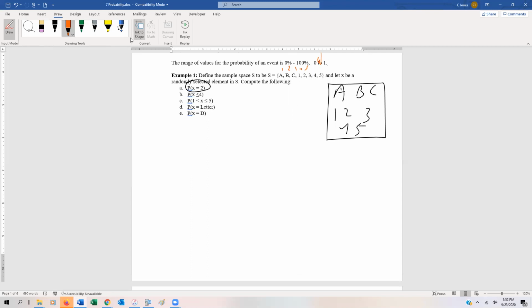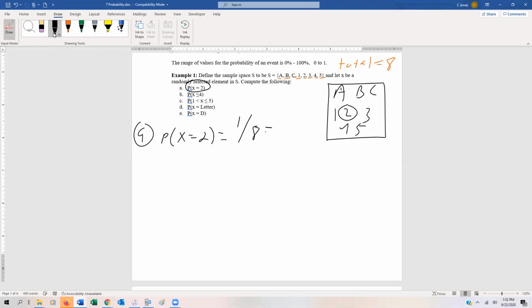Sorry about that, my pen got locked up. But you can count that we have 1, 2, 3, 4, 5, 6, 7, 8 observations. So the total is going to be equal to 8 for this problem. How many 2s are in the bag? There's exactly one 2. So for letter A, the probability that X is equal to 2, where X is a random element: the number of desired is 1, the total number is 8.